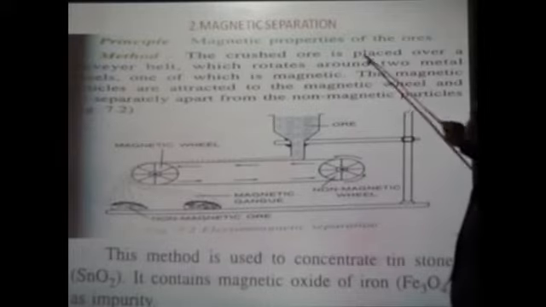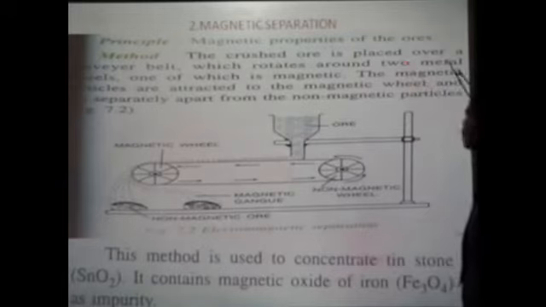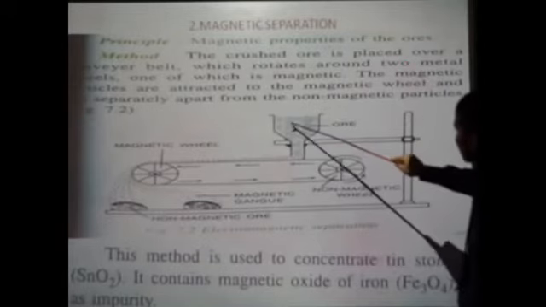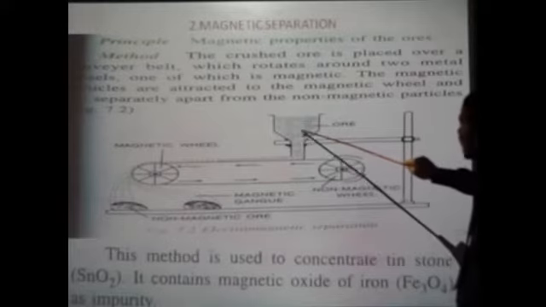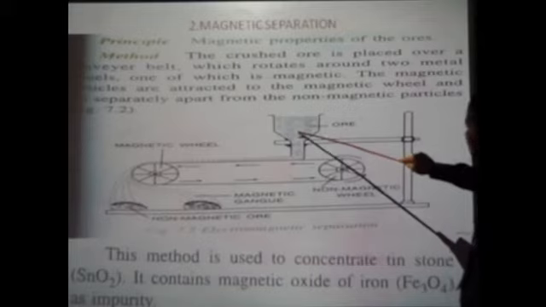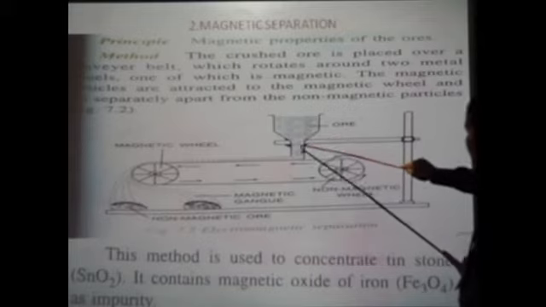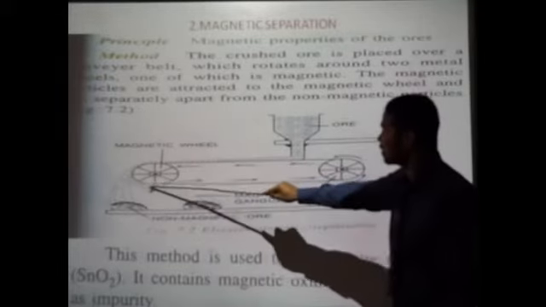The crushed ore is placed over a conveyor belt which rotates around two metal wheels. So here the crushed or ground powdered form of ore is poured here, and then this is the conveyor belt.